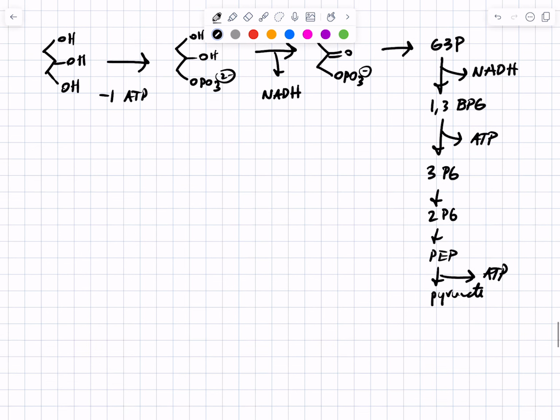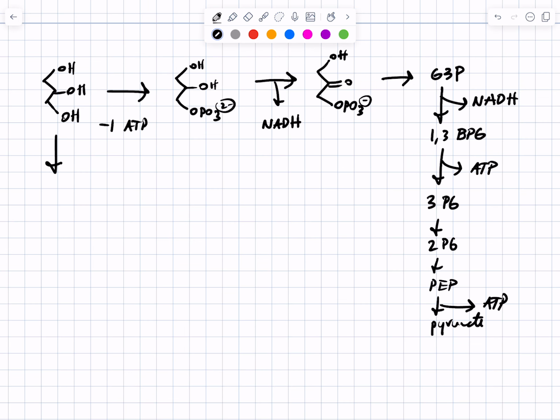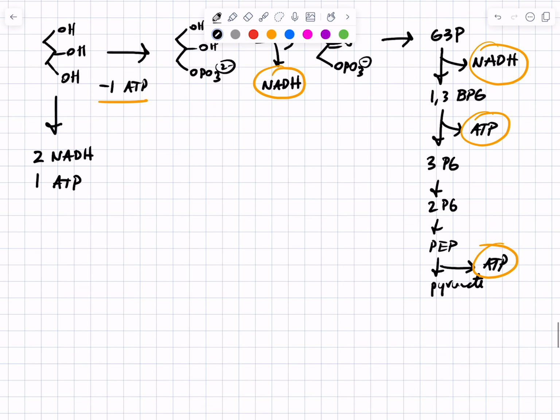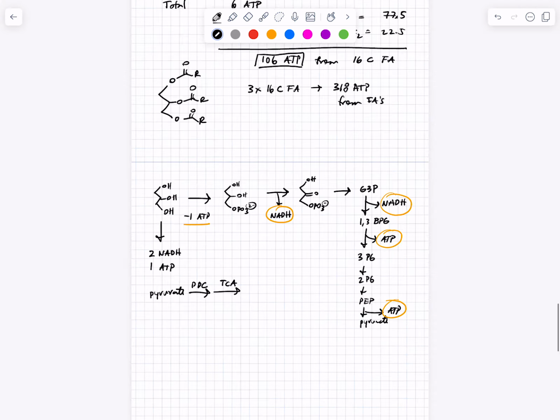So 1 molecule of glycerol. Let's see, overall, we've got 2 NADH, and 1, 2, -1, so 1 ATP. And then we've got to do pyruvate through the pyruvate dehydrogenase complex and the citric acid cycle.